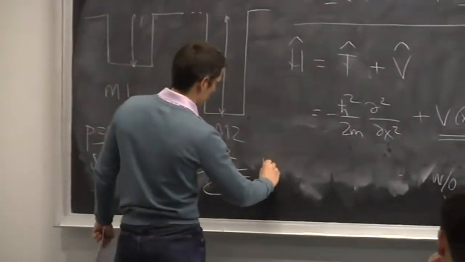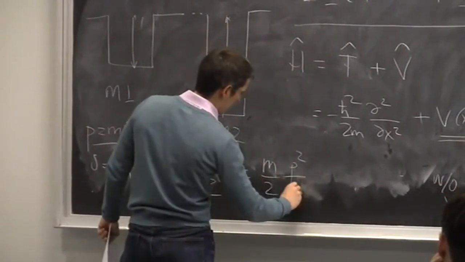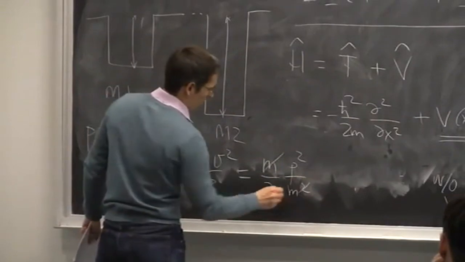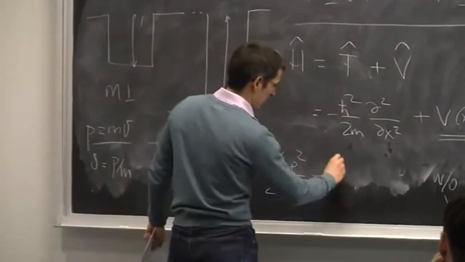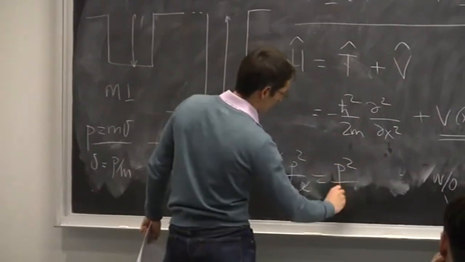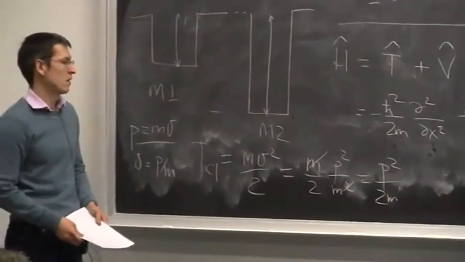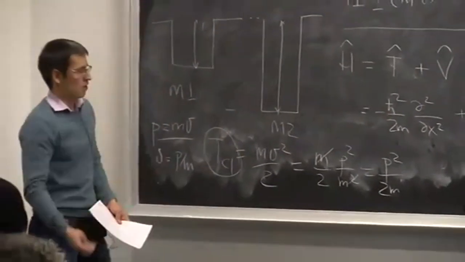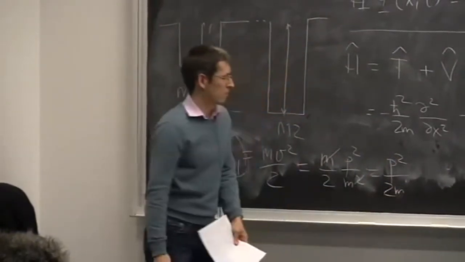And what do we get? One half p squared divided by m squared, right? Then we can cancel one m in the numerator and denominator, and the equivalent classical expression is p squared over 2m. This is the classical kinetic energy of a particle with momentum p and mass m.